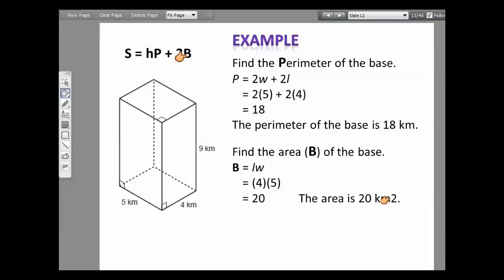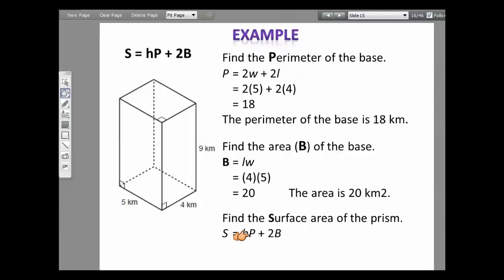So when I get to my formula, I'm plugging 18 in for capital P. I'm plugging 20 in for capital B. Now I've got to find the H, and I've already identified that as the portion that connects the two bases, which is 9 kilometers. So let's plug into the formula to find the surface area of the prism.